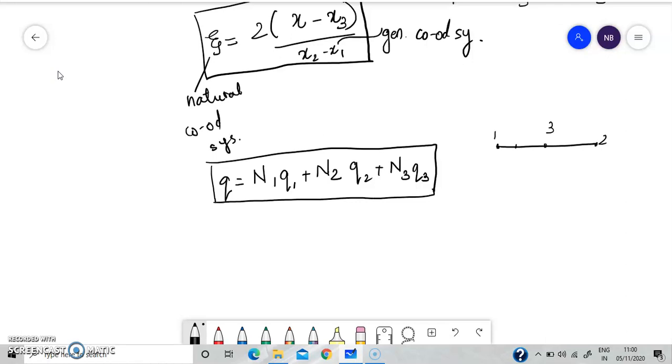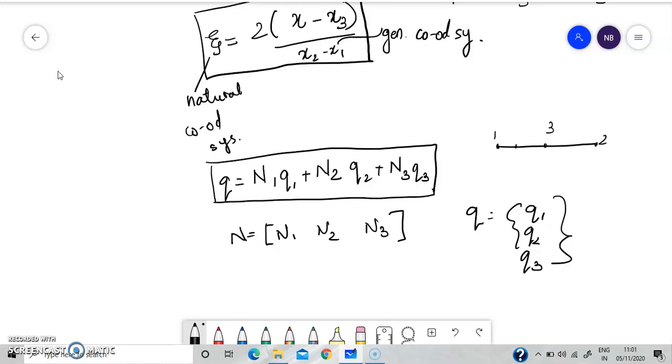So the n vector can be given as n1, n2, n3. Okay, and it is a 1 by 3 vector of the shape functions, and q can be given as q1, q2, q3. Okay, so q can be written as n into q, where n is this vector and q is this vector.